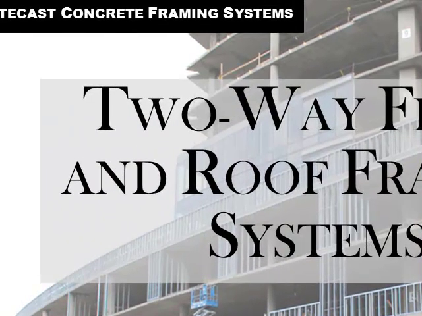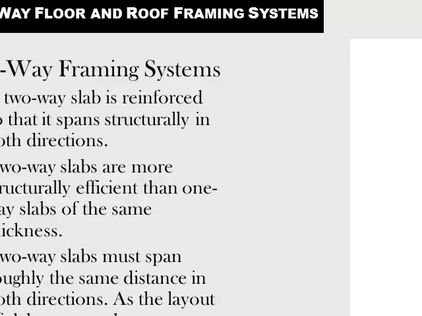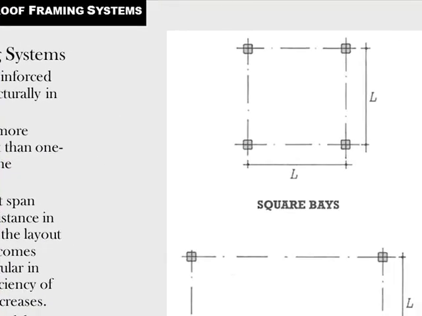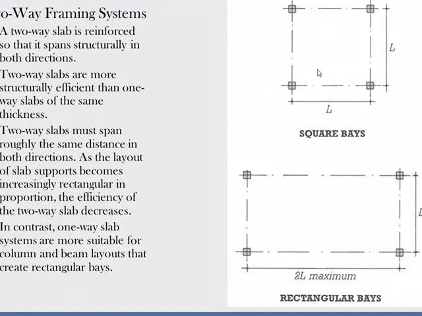So then we get into the two-way floor and roof framing systems. And as the name implies, that means the reinforcing will go both ways. Two-way framing systems structurally go in both directions. Typically, they work better with more of a square bay.